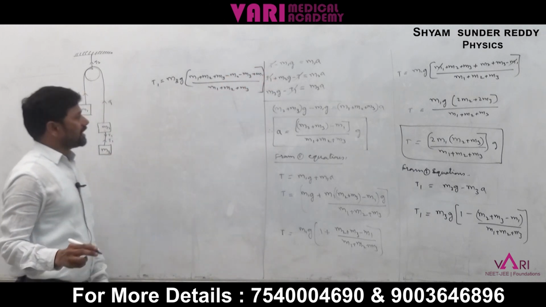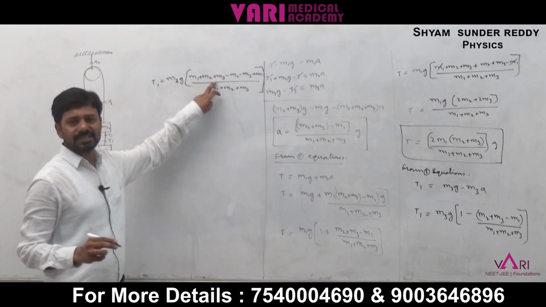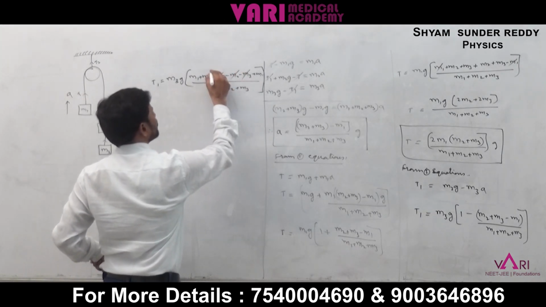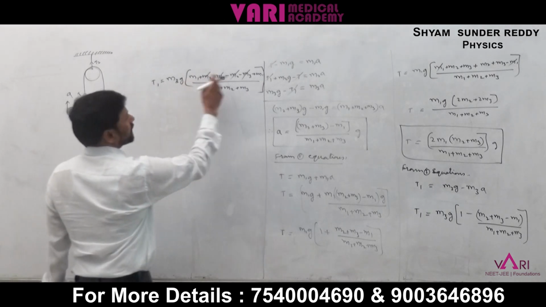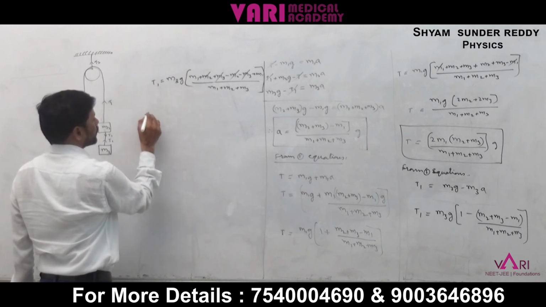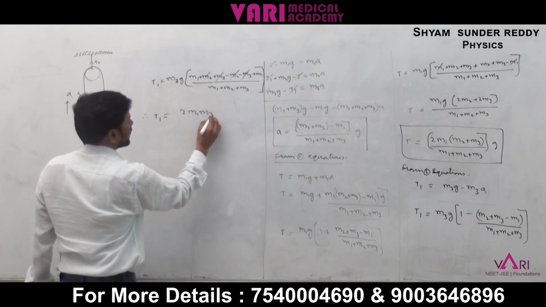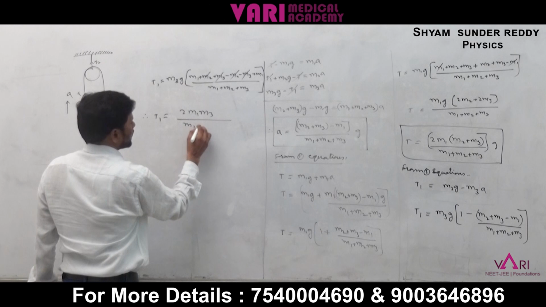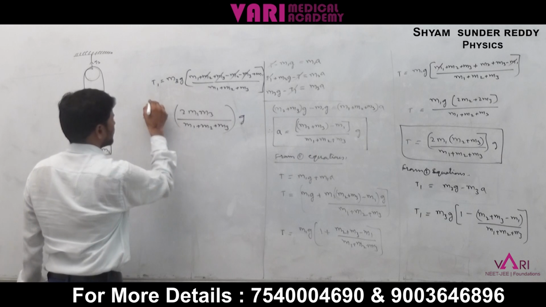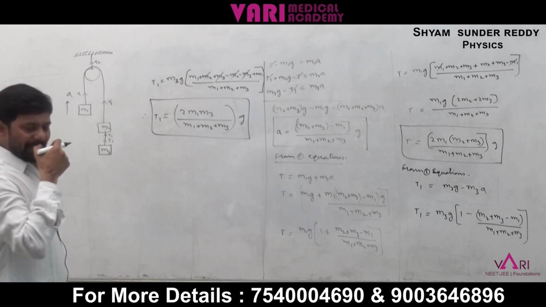Now see this, minus m2 plus m2, minus m3 plus m3 gets cancelled. m1 plus m1, 2m1 into m3g. Therefore, T1 is equal to 2m1 m3 by (m1 plus m2 plus m3) into g. This is the tension T1 between the masses m2 and m3.